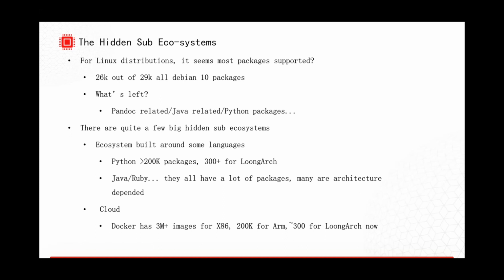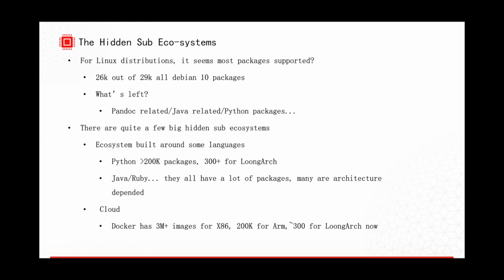The situation is very similar for others. For example, Java: if you use Maven, you can download a lot of packages. Many of them are architecture dependent. This even surprised me. Initially, I thought that Java is cross-platform. Its packages should be architecture independent, but no, many packages have some architecture-dependent parts.